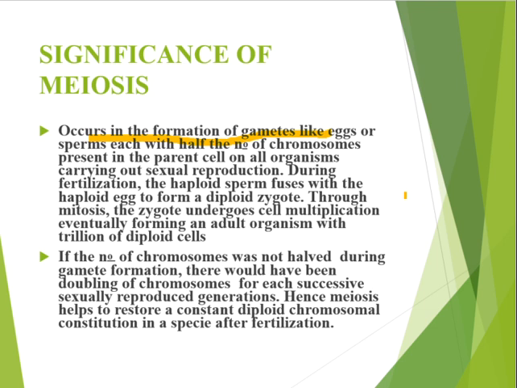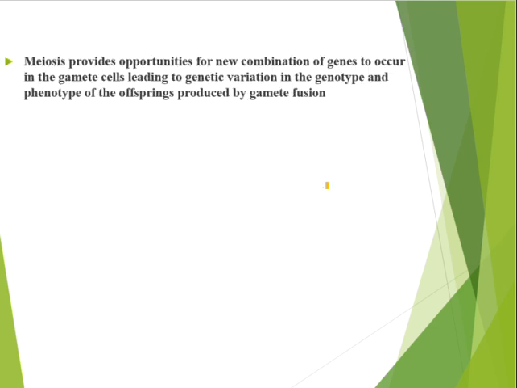And through mitosis, the zygote undergoes cell multiplication, eventually forming an adult organism with diploid cells. And a point to note, if the number of chromosomes were not halved during gamete formation, there would be a doubling of chromosomes for each successive sexually reproduced generation. Hence, meiosis helps to restore a constant diploid chromosomal constitution in a species after fertilization.